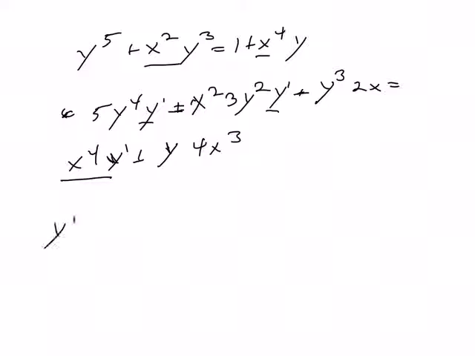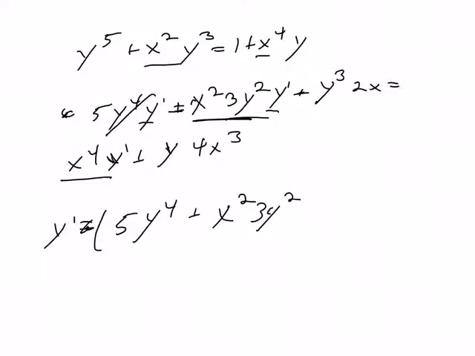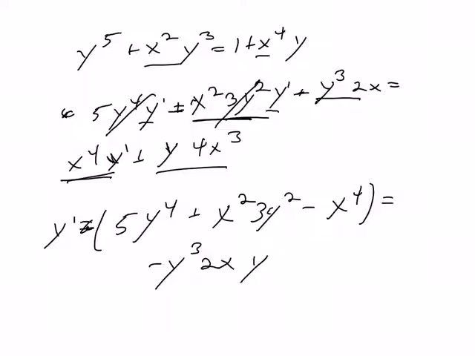So we get y prime is equal to, times 5 times 4y plus, so that's that, plus this, so that's x squared 3y squared minus, and then that is going to give me x to the 4th. Okay, that moves to the other side, so it's equal to negative y to the 3rd 2x, and then plus that, so y plus y 4x to the 3rd.